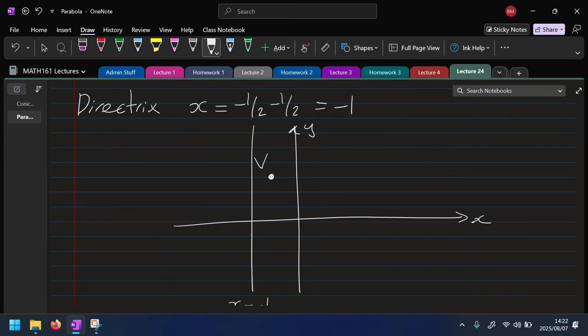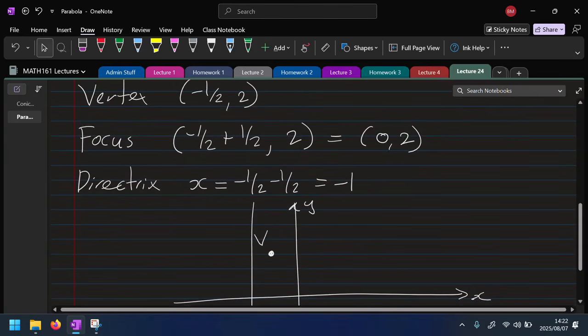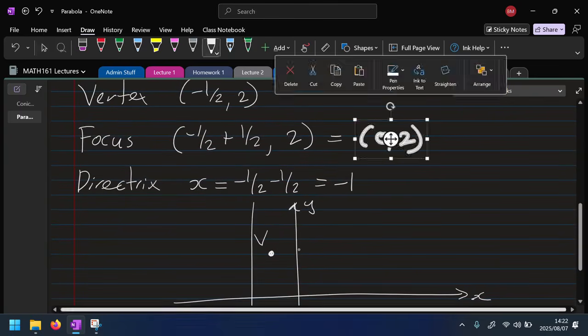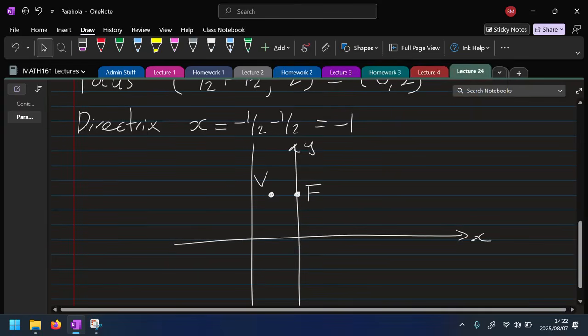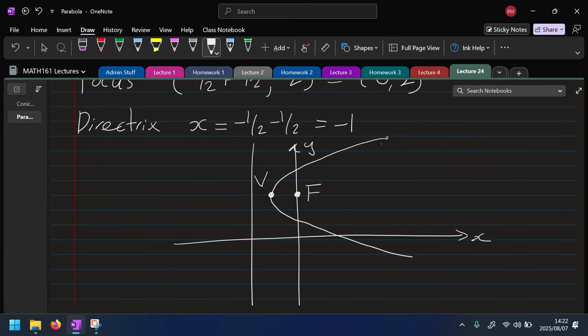So that's the vertex V. And then the focus, that was at 0, 2, so that's going to be over here. And then we just draw in our parabola. It's going to be horizontal, and it will look something like this. You just fill in the parabola on that side, because the directrix is on the left, so your parabola is on the right.